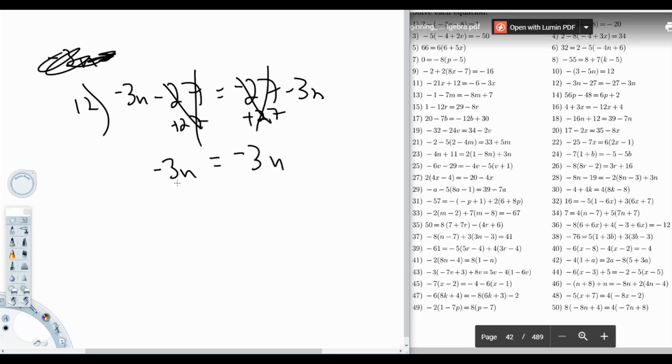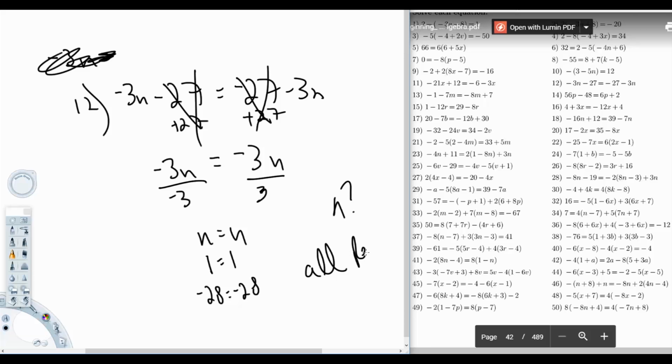Now if I want to get rid of the minus 3, I'm going to divide both sides by minus 3. Then I just get n equals n. That's a trick question. What is n equal to? It can be equal to anything, because if I put n equals 1, I get 1 equals 1. If I put n equals minus 28, minus 28 is equal to minus 28, because n equals n. So it's all real numbers.